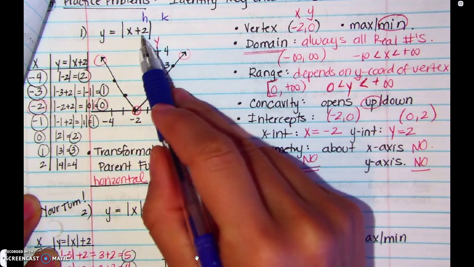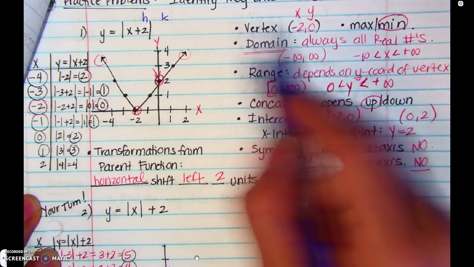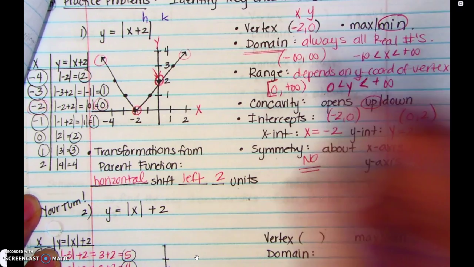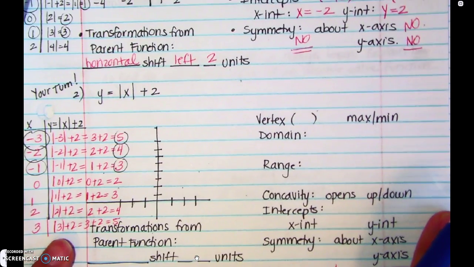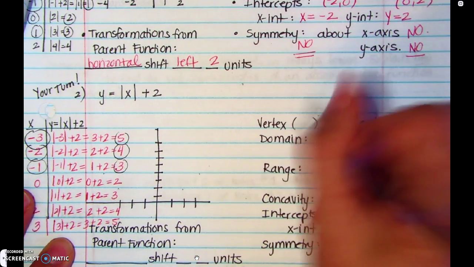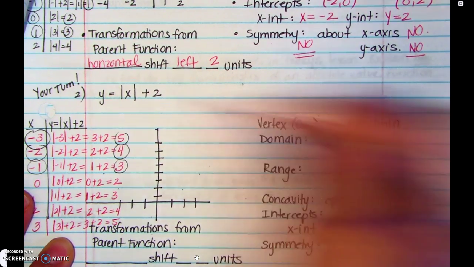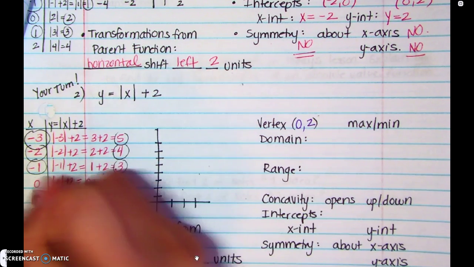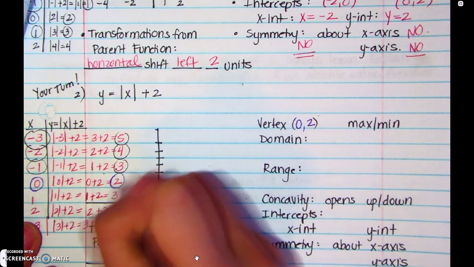So the opposite of H is -2, which is -2 here, and then K is 0. So that's your vertex. If you look at number 2, your vertex would be H. There is no H, so it would be 0, comma, and then +2. And if you notice, the vertex is 0, 2.